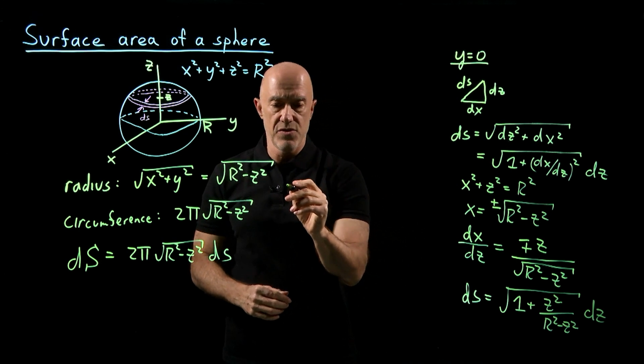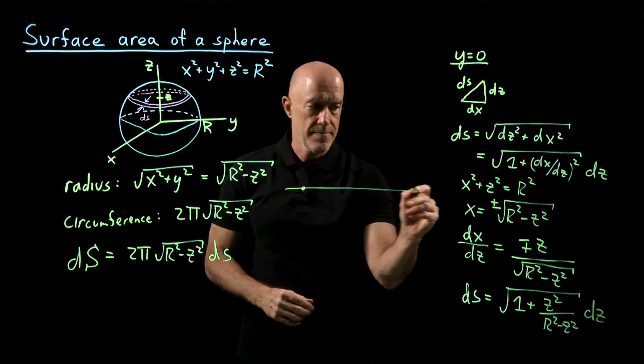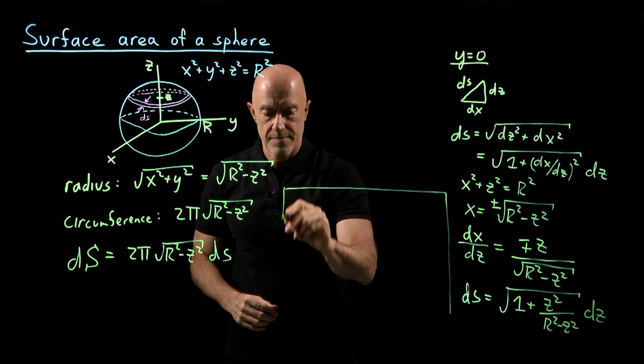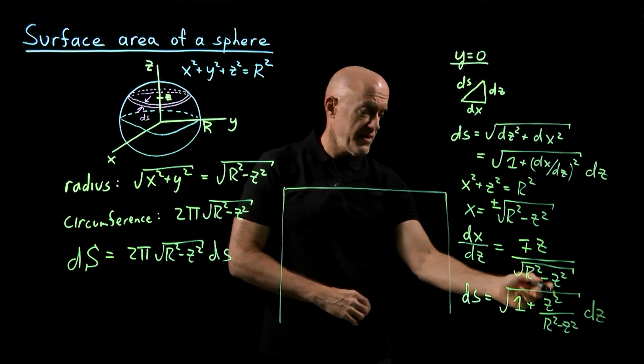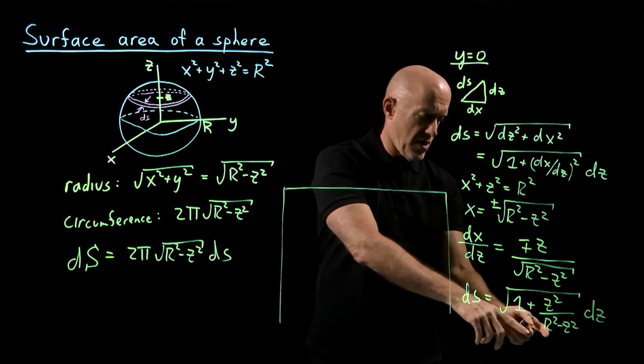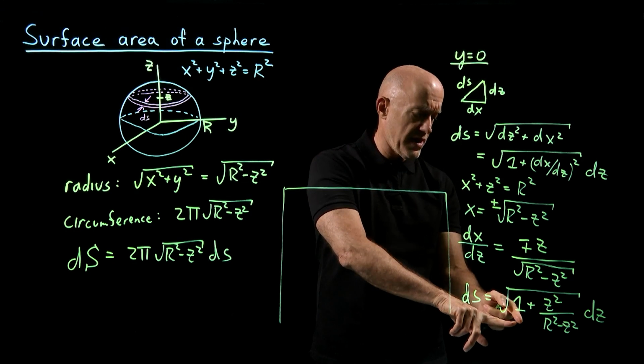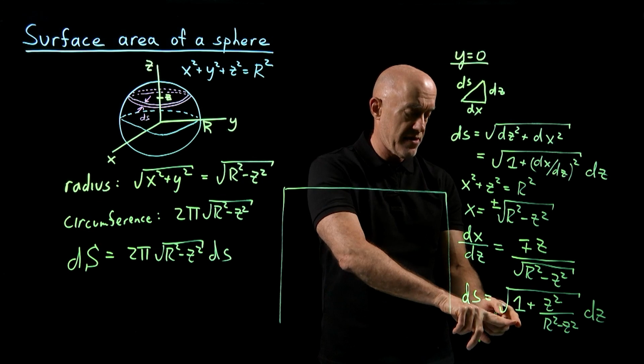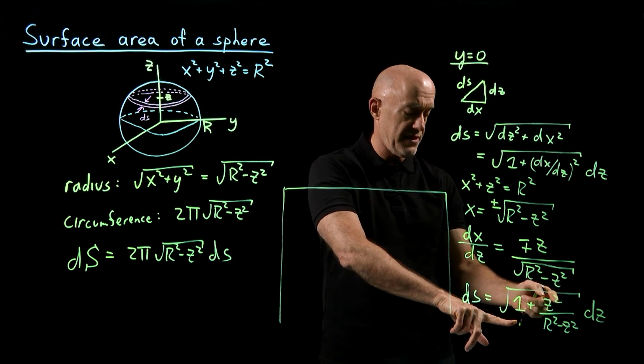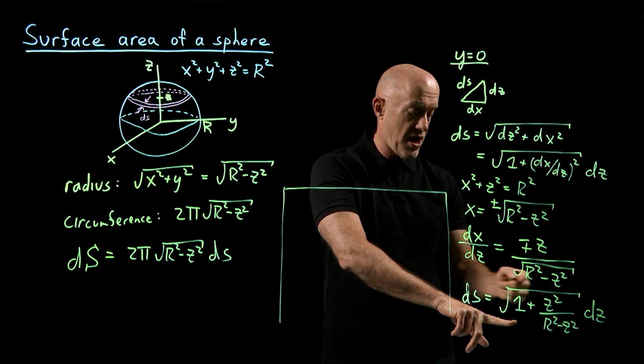Okay, let's continue over here. So what is this? Can we simplify? Well, we can turn this 1 into an r squared minus z squared over r squared minus z squared. So we see the numerator will have an r squared minus z squared plus z squared, which will become an r squared.